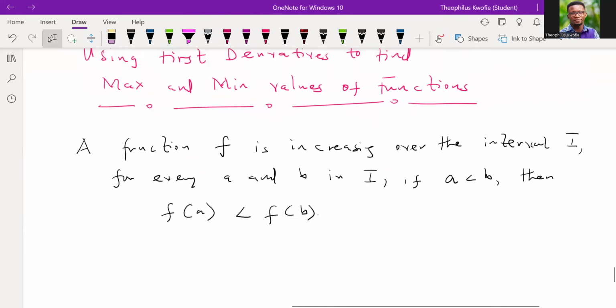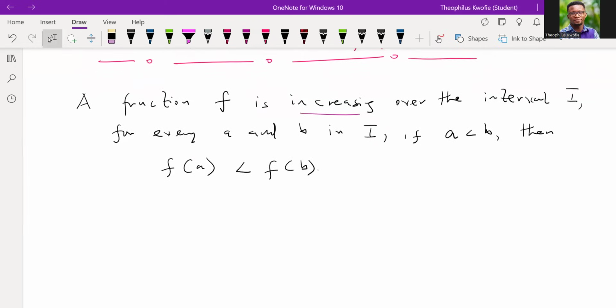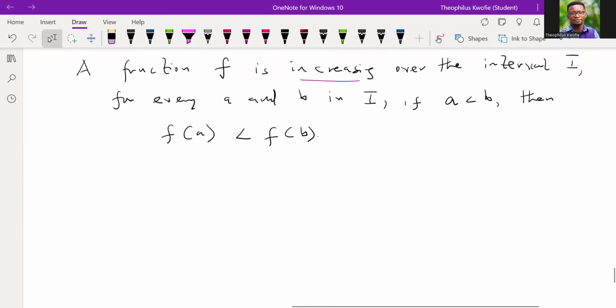So when this condition is met, then we have that the function is increasing.